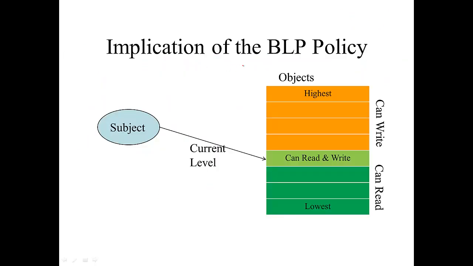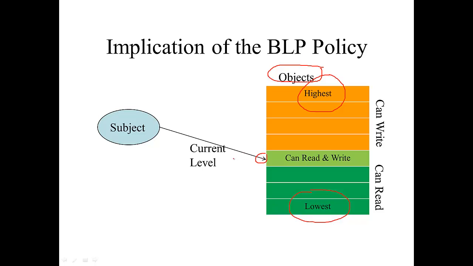Let's explain the BLP policy in detail. Assume that we have a lot of objects, and these objects are classified into different levels. There are lowest level objects. Also, we have highest level objects. And the subject is in the current level.